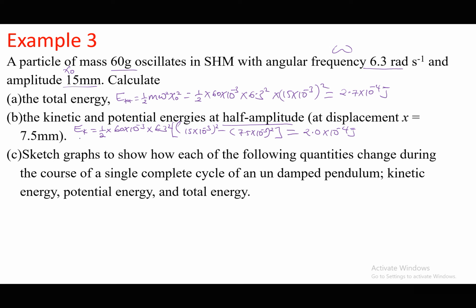So then for potential energy, it will be a half times 60 times 10 to the power of minus 3 times 6.3 squared, then times x squared. So this is going to be times x squared, which is 7.5 times 10 to the power of minus 3, and this is going to be squared.